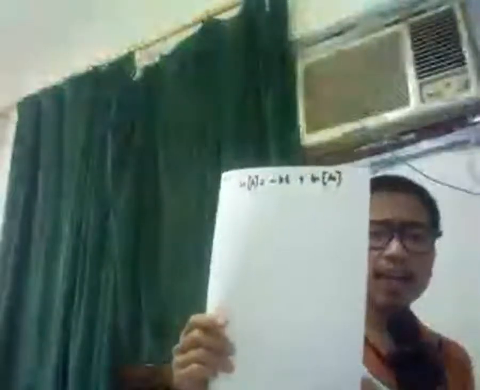First order, n is equal to 1, is equal to ln concentration of A is equal to negative k times time plus ln A0. A0 is just the initial concentration. Capital A is final, at t. I never put the t because it's understood at time t, meaning at any time t.